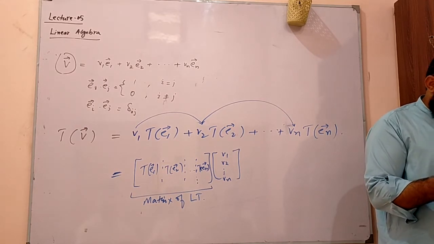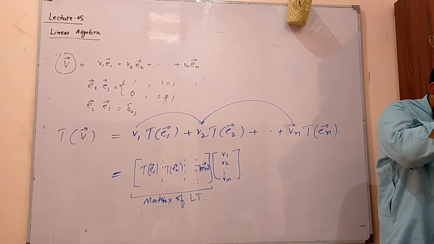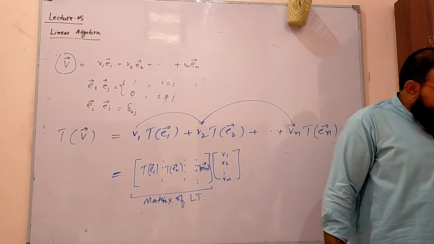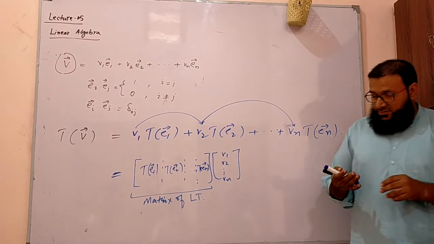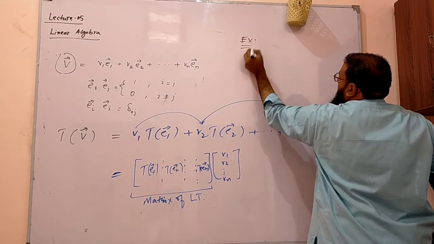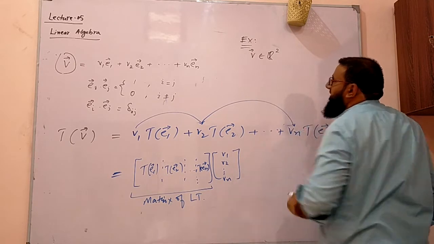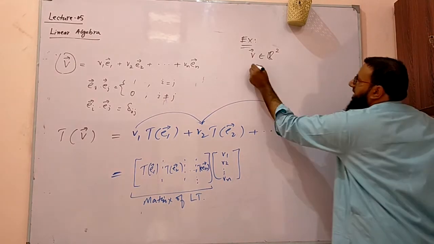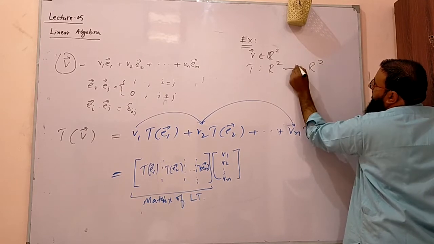So we can find this thing. So I think let us do an example. We are taking the same example. So I take v in R2. This is my v in R2. And I am applying some sort of linear transformation that takes R2 and gives me output in R2.